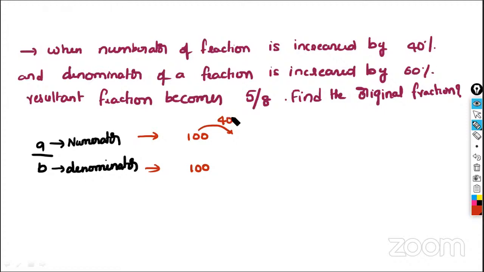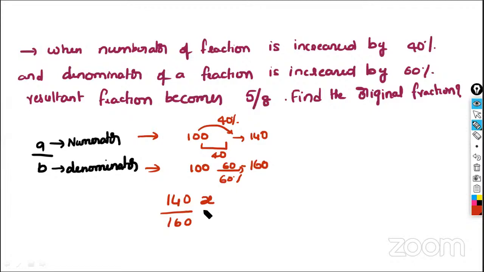What is 40% of 100? 40. So that will become 140. Here the denominator is also increased by 60%, so 60, that will become 160. So the numerator value is 140 and the denominator value is 160.